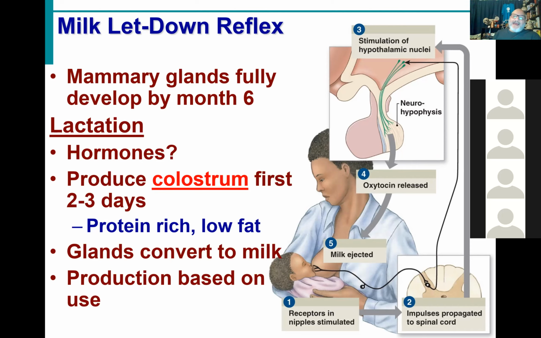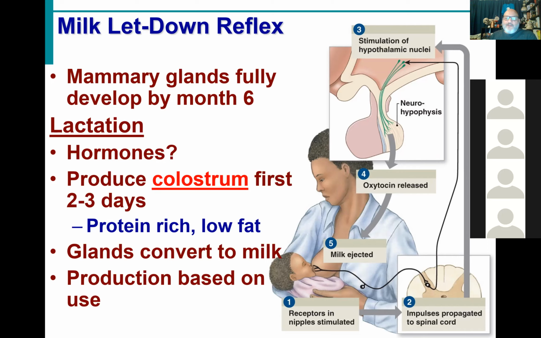Now, as we know, reflexes can be learned reflexes. Often when a baby is hungry, the baby will cry and then mom feeds it. The problem with that is mom can begin to associate a baby crying with milk letdown. So grandma finally is allowed to take care of the baby for a night so mom and dad can go out and have a nice dinner.